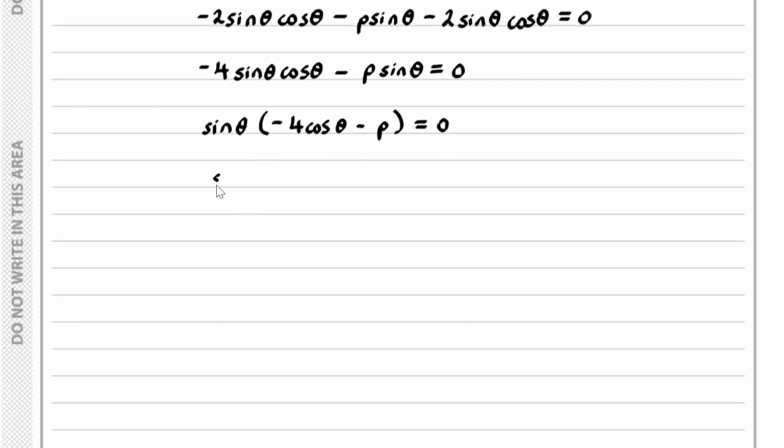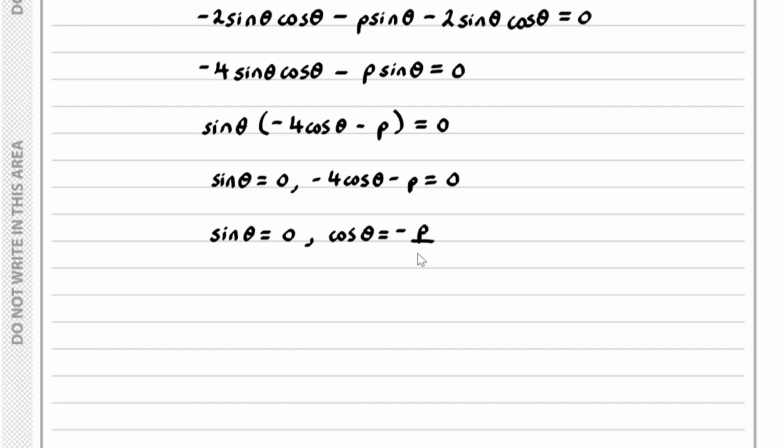So sin theta is either equal to 0 or minus 4 cos theta minus p equals 0. Now, from here we can say then sin theta is equal to 0 or cos theta is equal to minus p over 4. And so from here then, theta is either equal to 0 or pi.